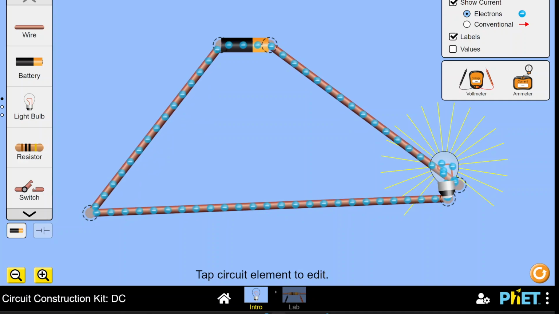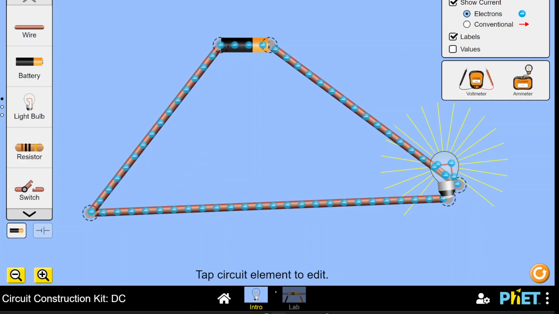Now, because this light bulb is acting as a resistance in this case, do you see the filament inside the light bulb made of some type of wire? This wire has a lot of resistance. So the charges, when they try to pass through this filament, they bump against the atoms, and then they lose energy. They get hot, and they radiate, and that's what you see, this light being produced.